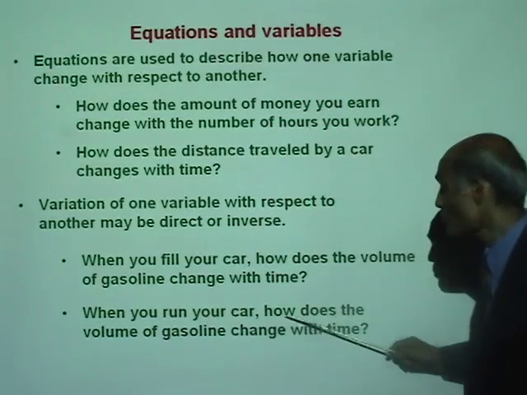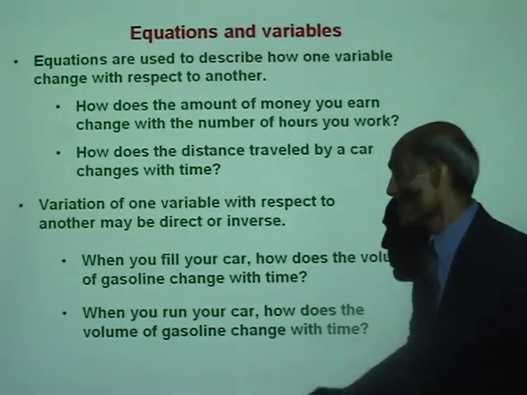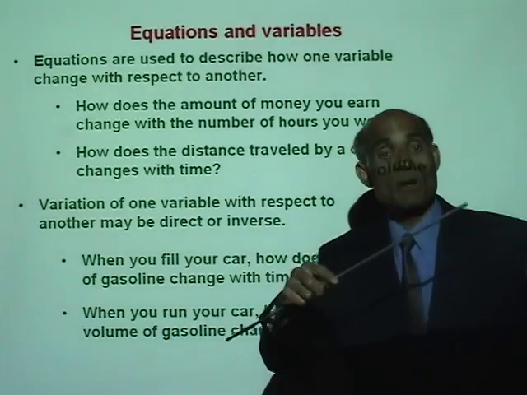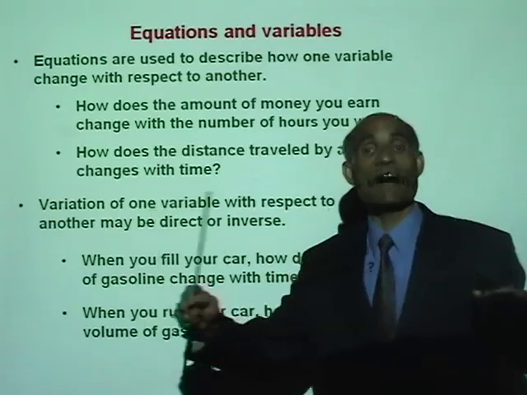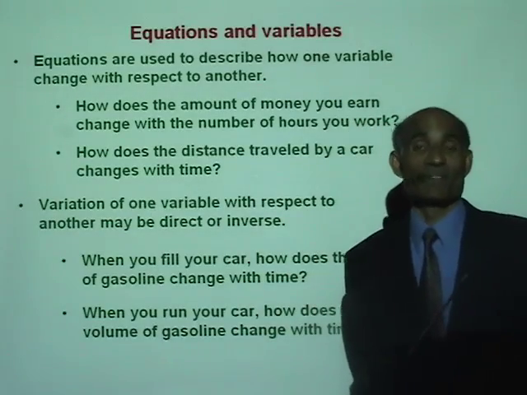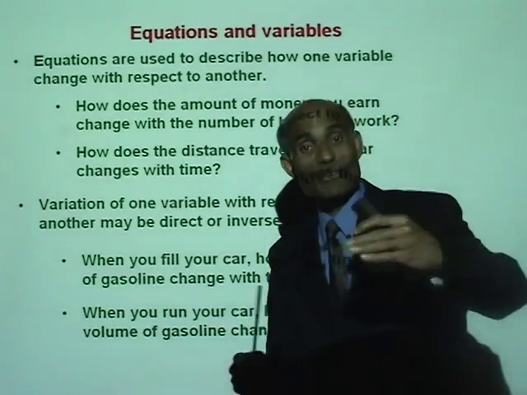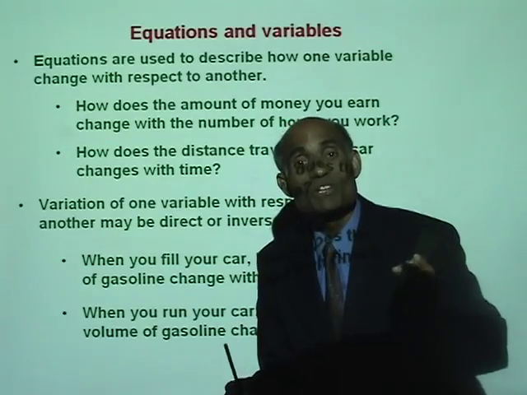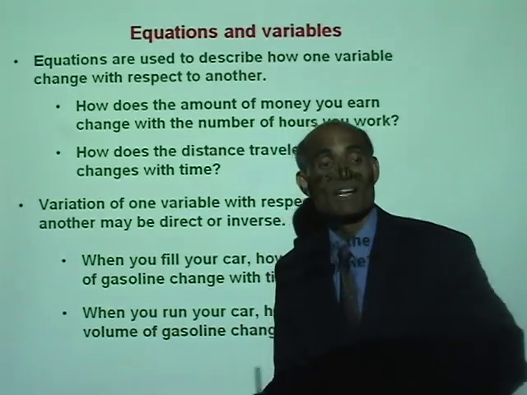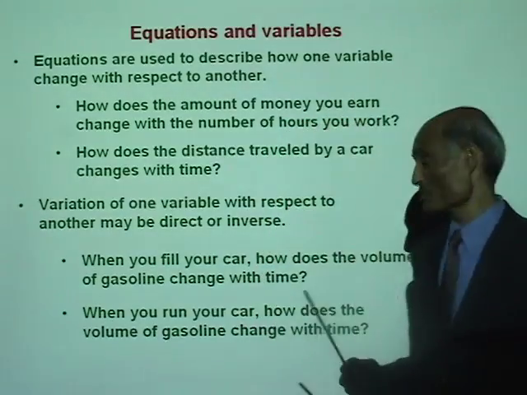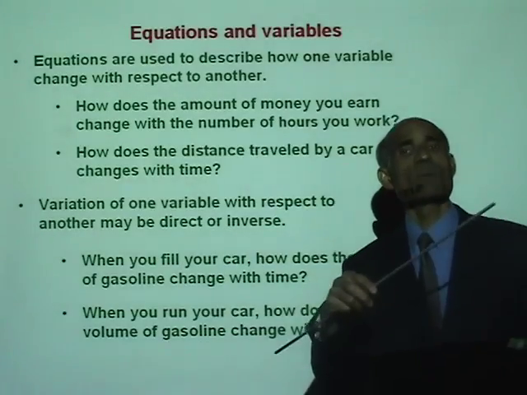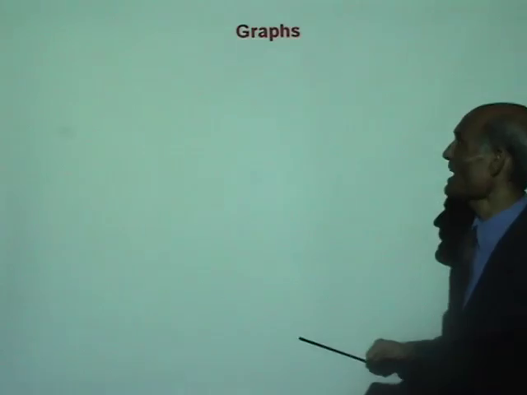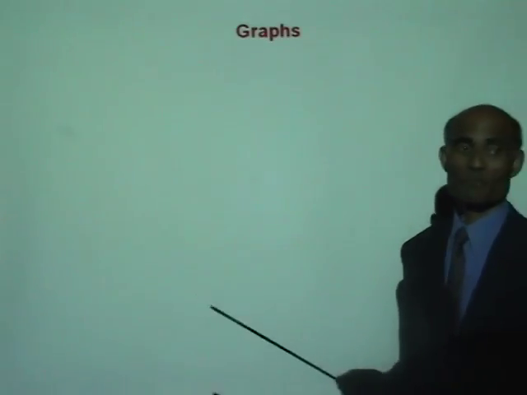And when you run your car, what is the relationship between the amount of gasoline in the tank and the amount of time you run the car? The more you run the car, the less gas will be left in the car. That is an inverse variation. So you must understand the relationship of direct variation and inverse variation.